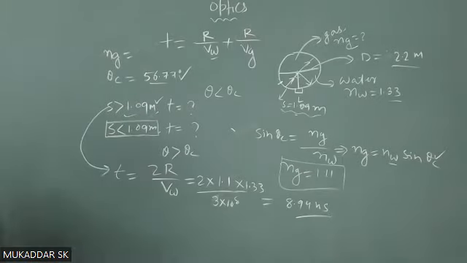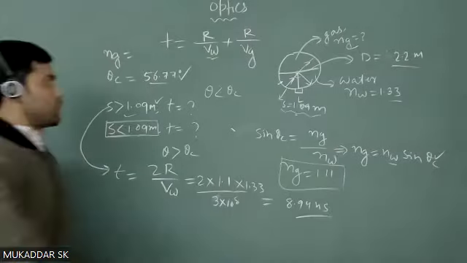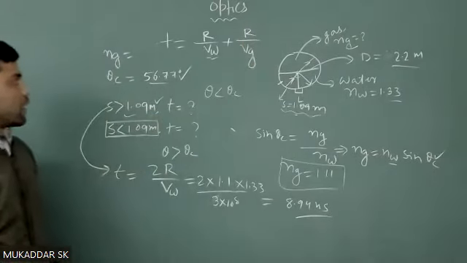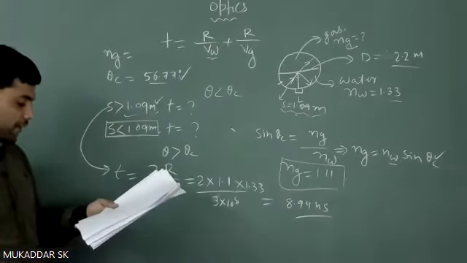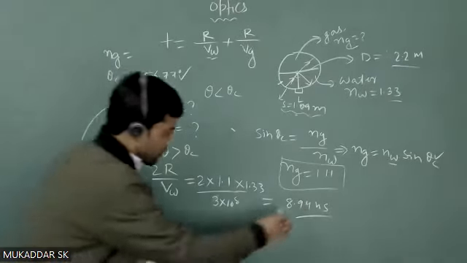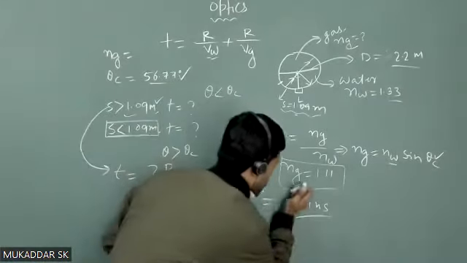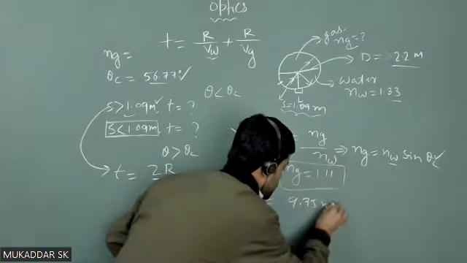In place of VW you write C by NW, and in place of VG you write C by NG. And we know the value of R. So in that situation, you have to calculate this value. This I have written 8.94, sorry, this is actually 9.75 nanosecond.